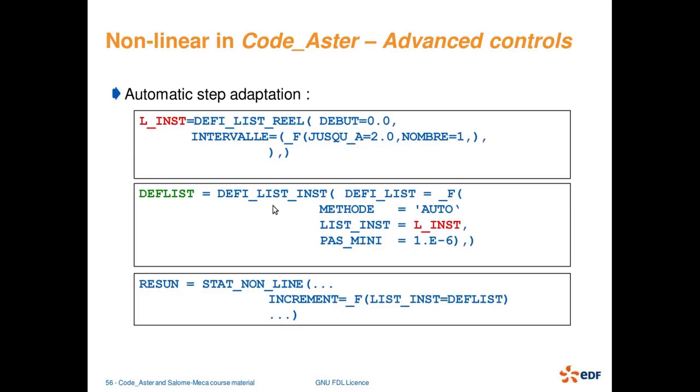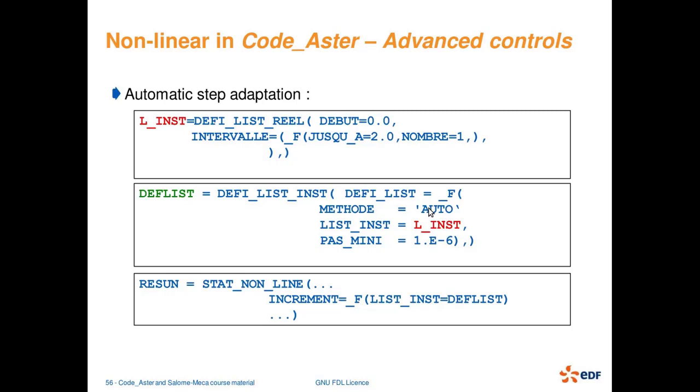Then there is also a method of automatic step adaptation. There we don't give any time step. So from 0 to 2 there is only one step. I have defined the time list like that, and then in the defi list inst command, we ask for the method as automatic.